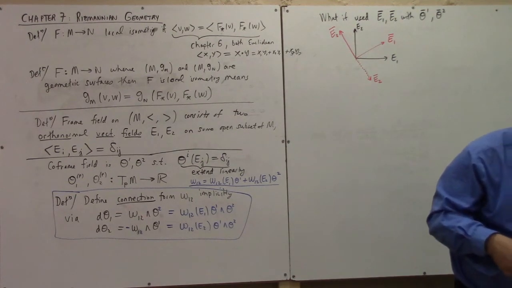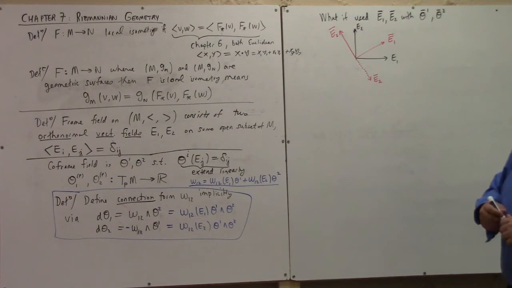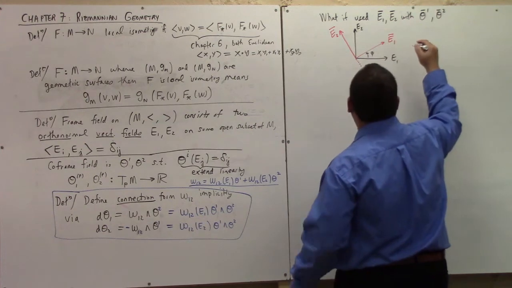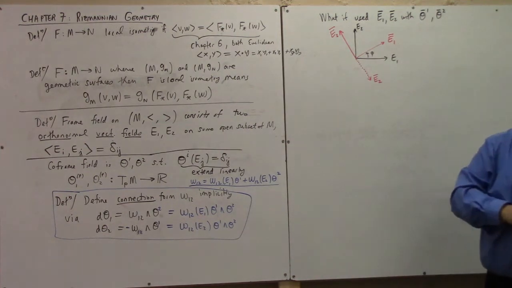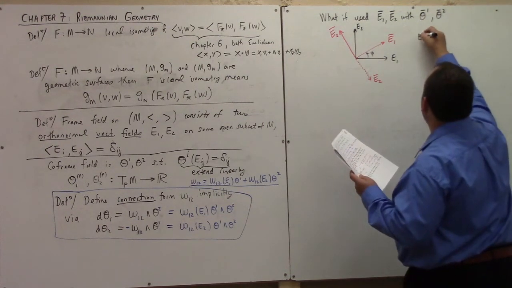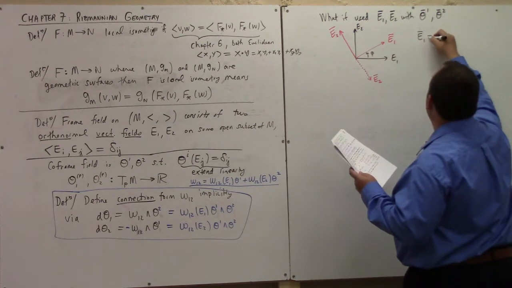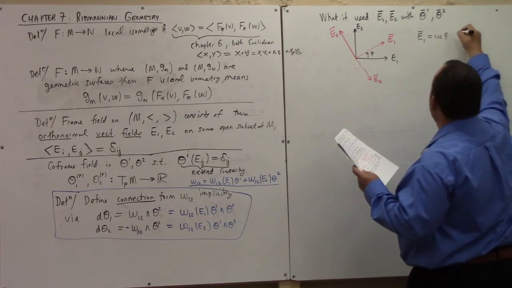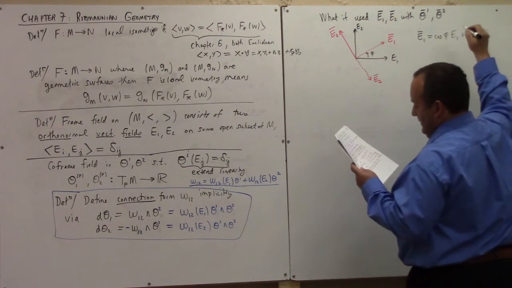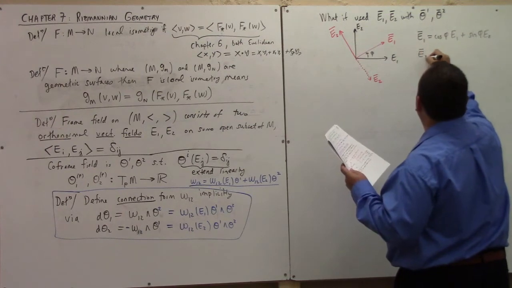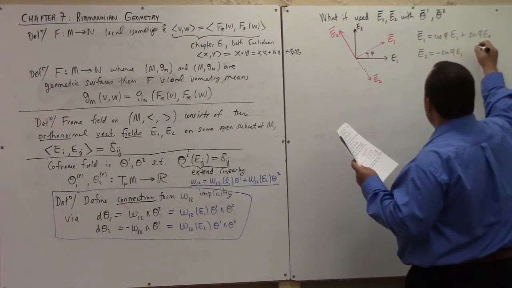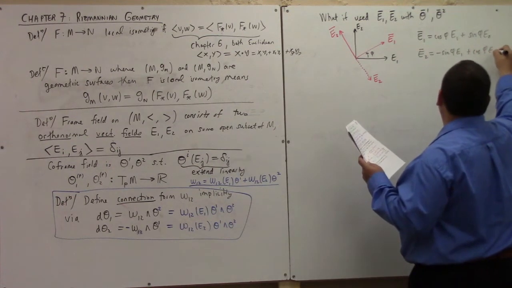But I point out that you can define an angle here, phi, and you can relate the two frames according to the angle. In particular, E bar 1 is cosine phi E1 plus sine phi E2, and E bar 2 is minus sine phi E1 plus cosine phi E2.